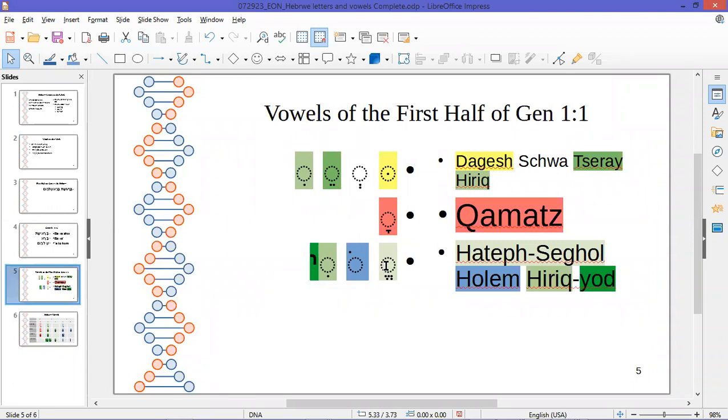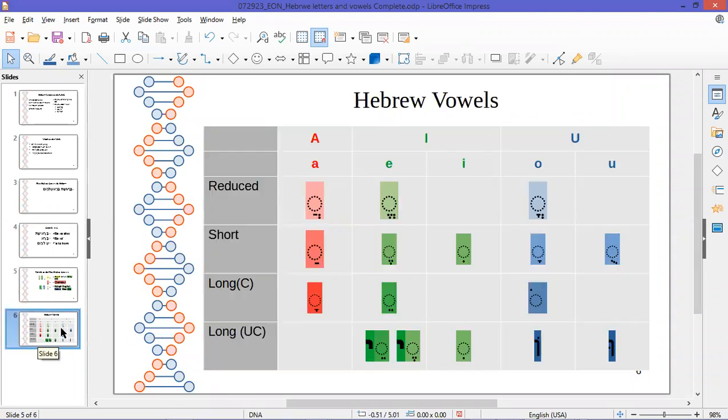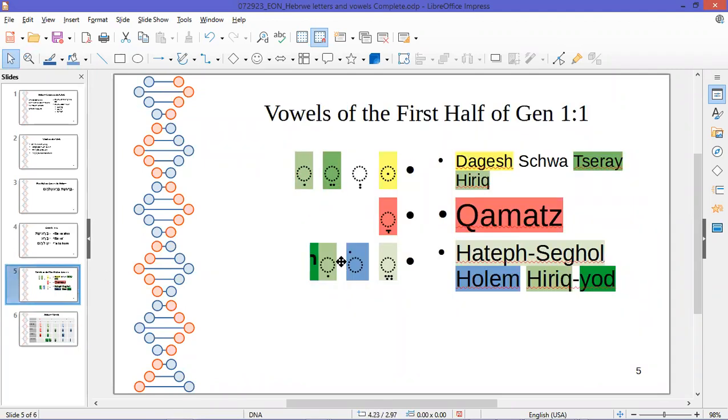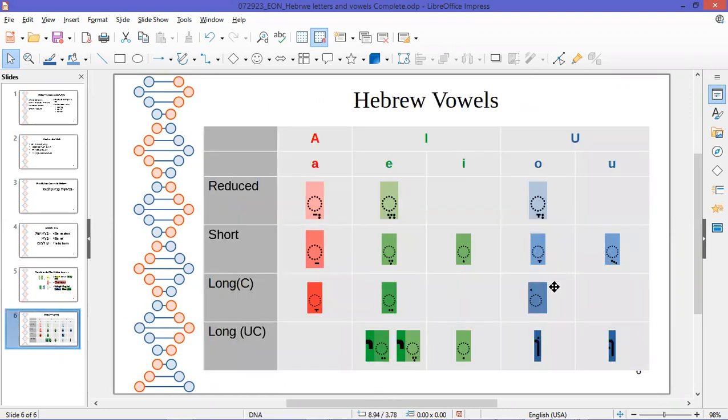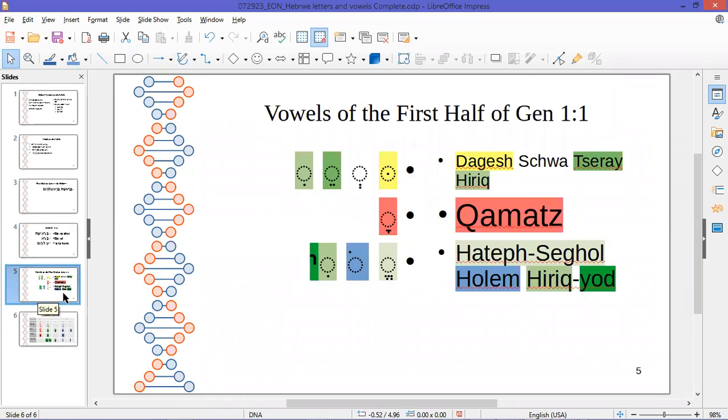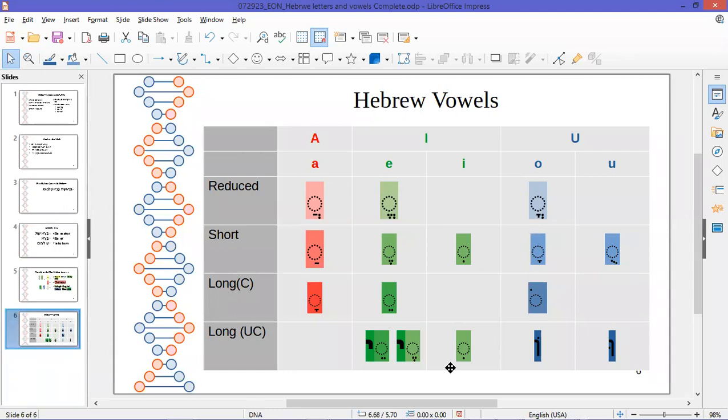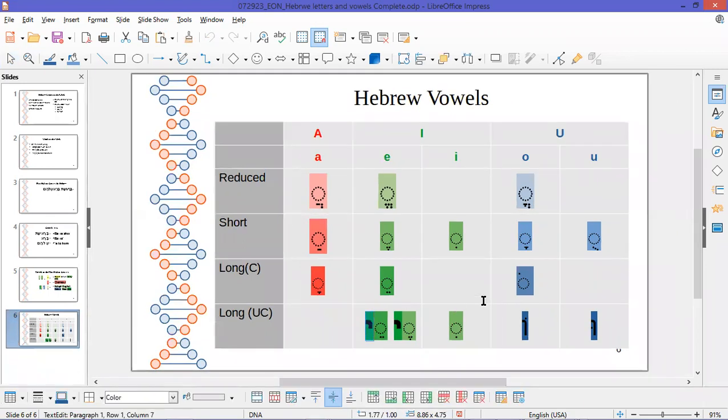Then we have this hatef sagol right here. That's up here. We have this holum. That's right here. And then we have this hirik yod. That's right there.